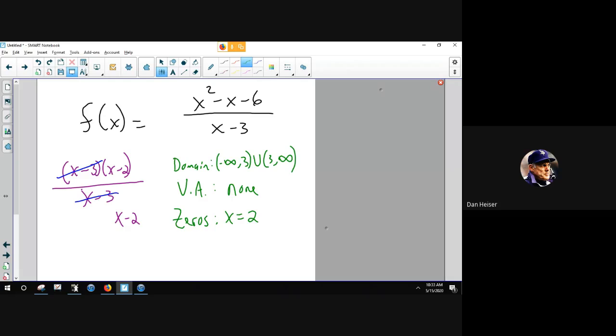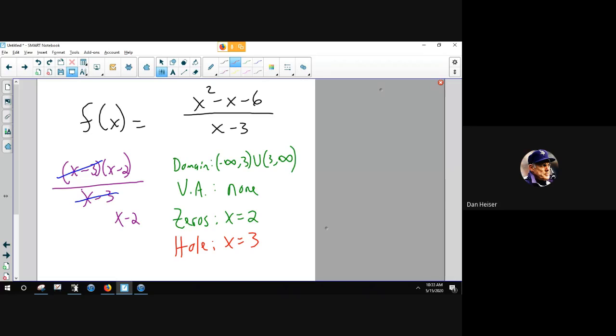I've already said there is no slant asymptote. We know there's not a horizontal. Now we have something new. We have a hole. Where's the hole?